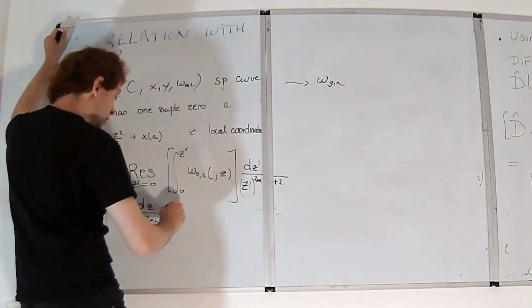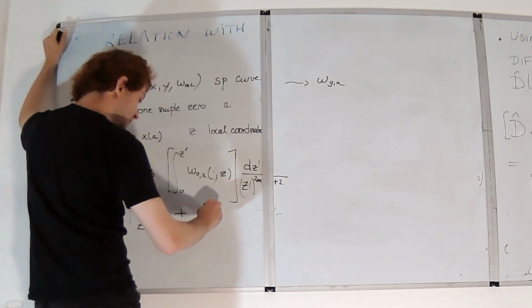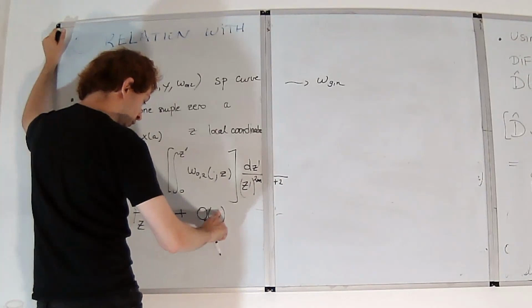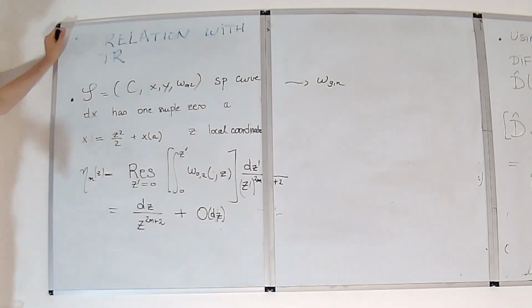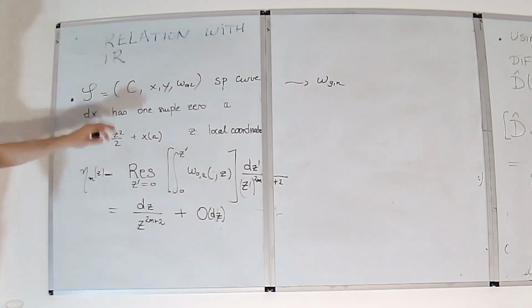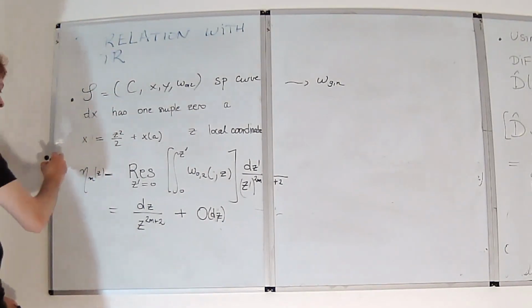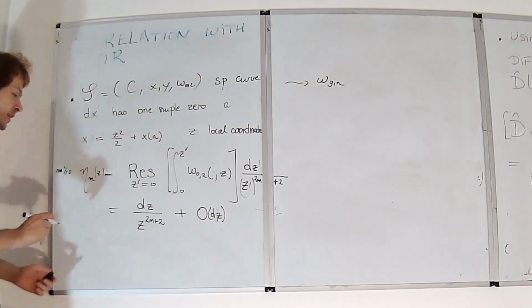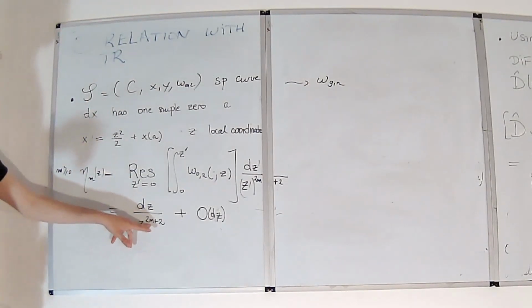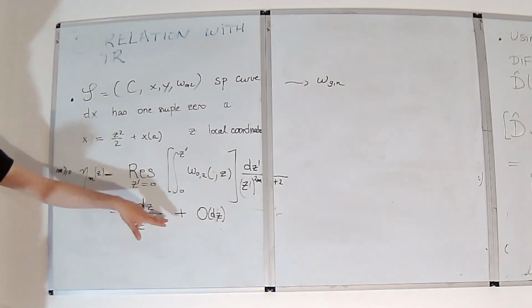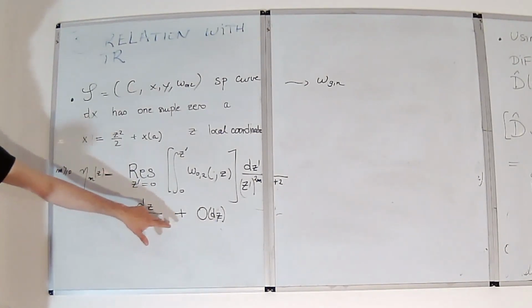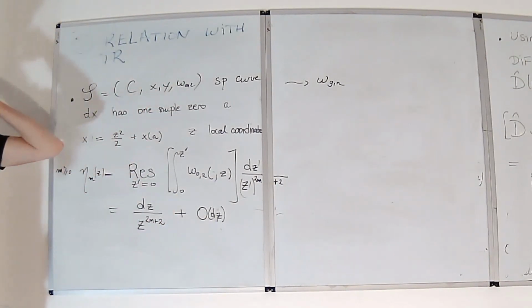But then there's a holomorphic part, so not O of 1, but big O of dz. And when I take m non-negative, I see differential forms that have poles of order at least 2, so there's no residue, no simple pole. And that's indeed true. The omega g,n in any variable don't have residues at the ramification point.